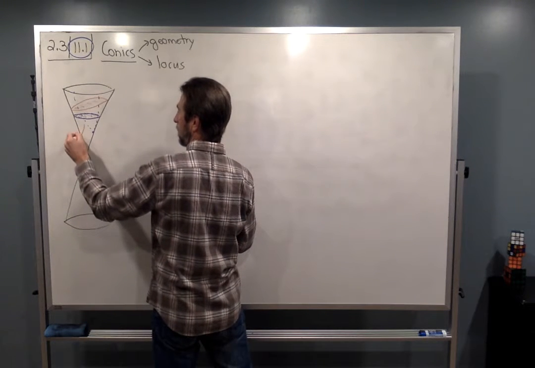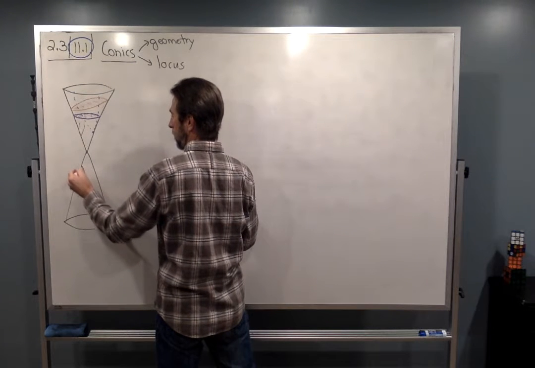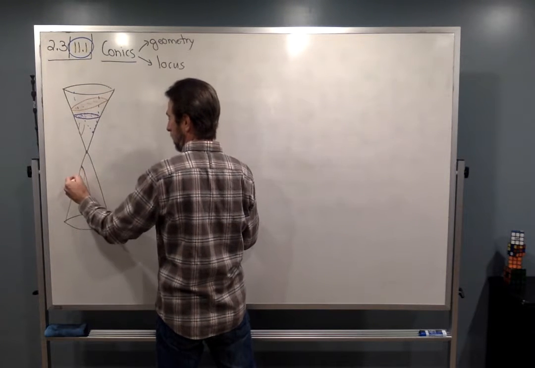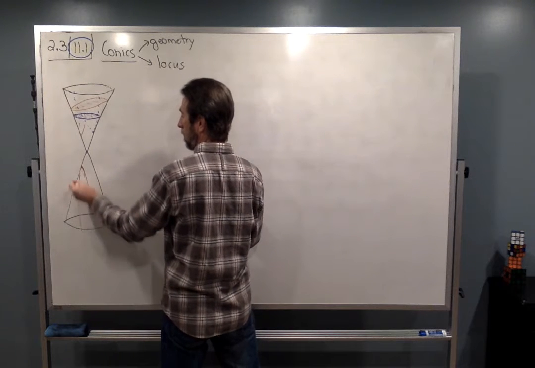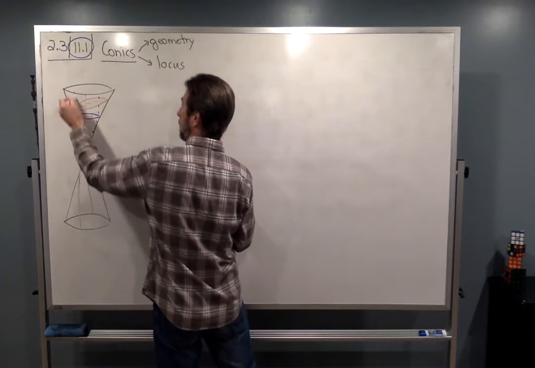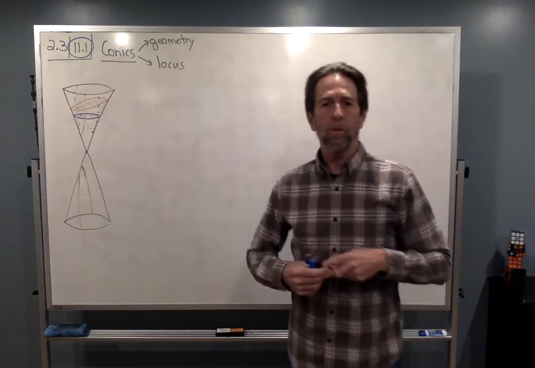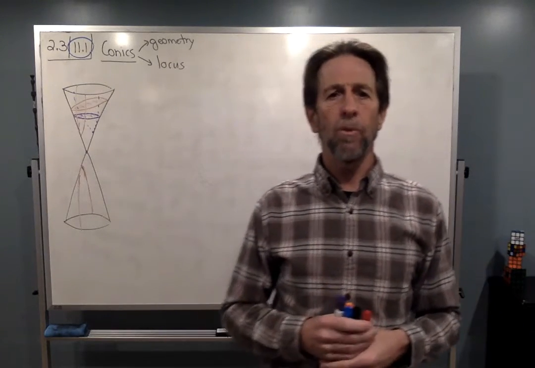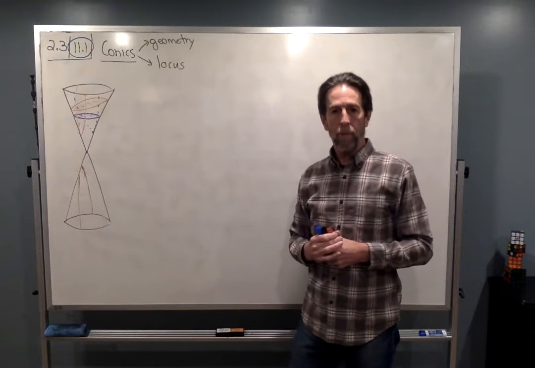So I get what you would call a hyperbola. That would continue to go down here. That'd be one part of the hyperbola, and the other part would be here. Again, read the section, or at least study the pictures in section 11.1. You'll get a good feel for what the geometry of the conics are.